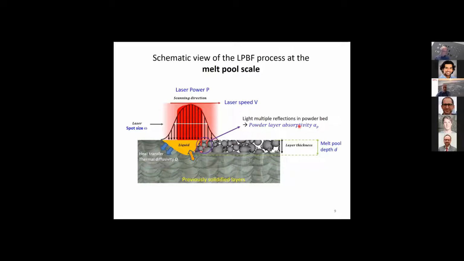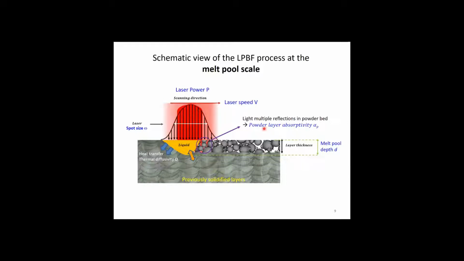Then we can define a powder layer absorptivity, and I will describe that afterwards. You have also heat transfer between the different zones, between the liquid and the already solidified material, but also between the liquid and the powder here. That can be described by a thermal diffusivity.